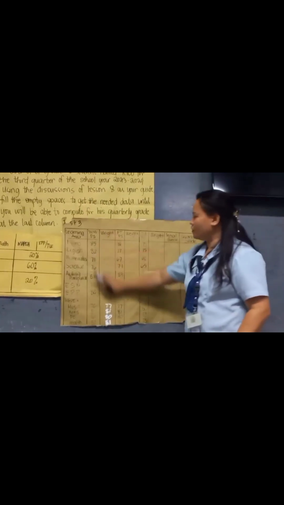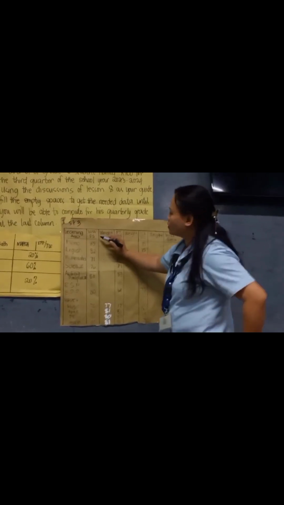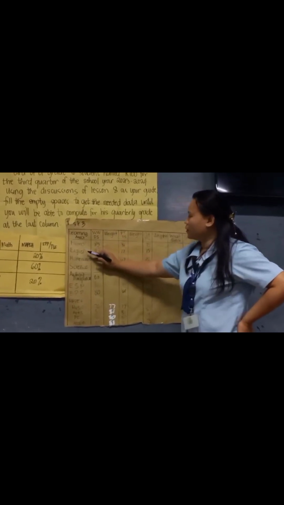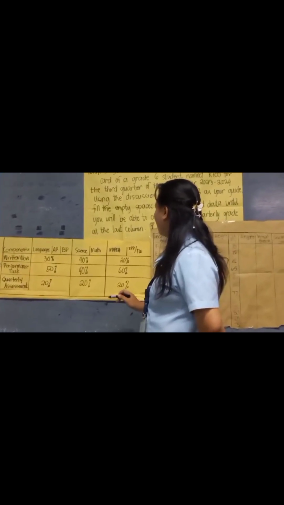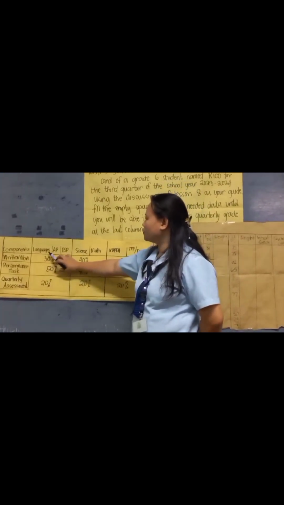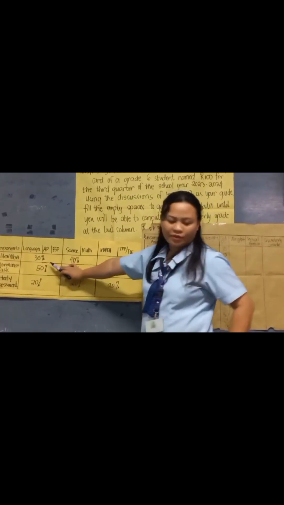Moving on, as you can see, the given numbers here. First, for Filipino in the written works, Rico obtained 85. We're going to look for the subject Filipino here, and it belongs to languages. It's in written work, so it values as 30%.